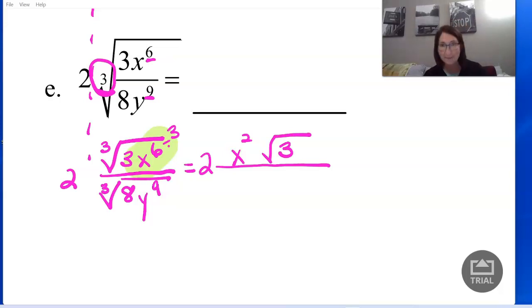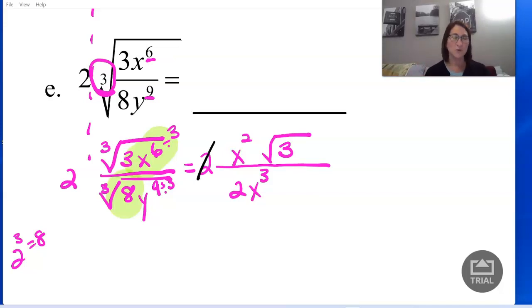In the denominator, okay, I got a couple things going on. That 8 is the same as 2 cubed, so I can pull out a 2. I can pull out right here this 9 divided by 3. I can pull out an x cubed, and then I'm not left with anything. Nothing's under the radical. All right, now let's simplify. Let's do this carefully.